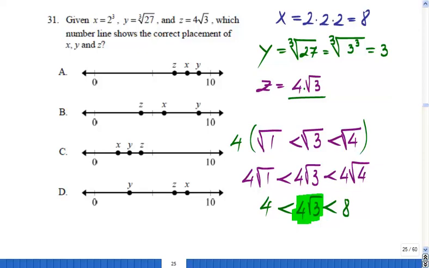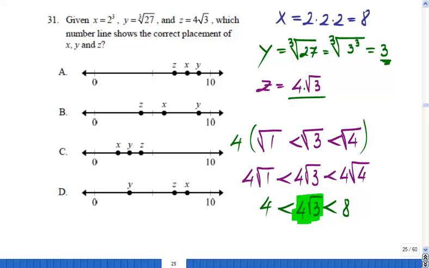And I think we're pretty much done, because you can tell me and I can tell you also that the smallest number in here is going to be y, which is 3. And you look on your number line, and where should y be located?